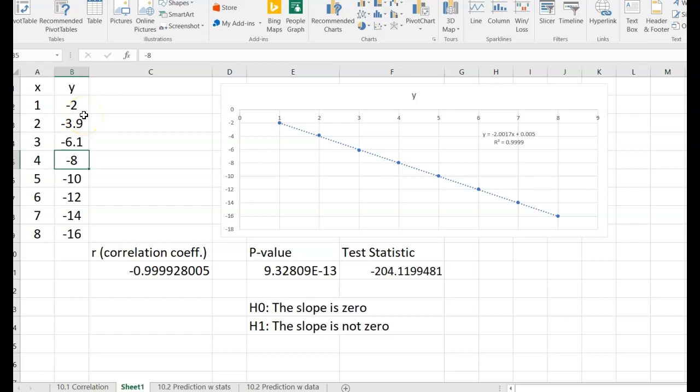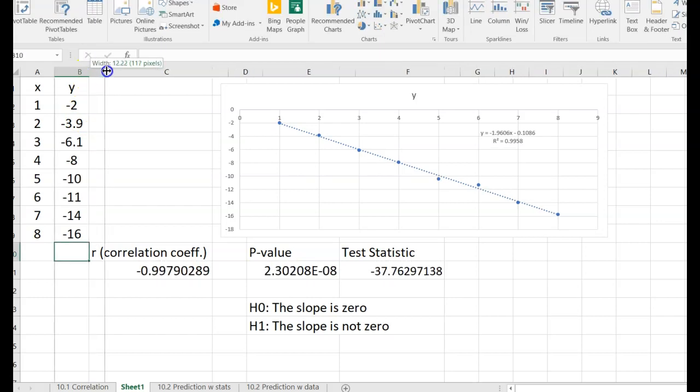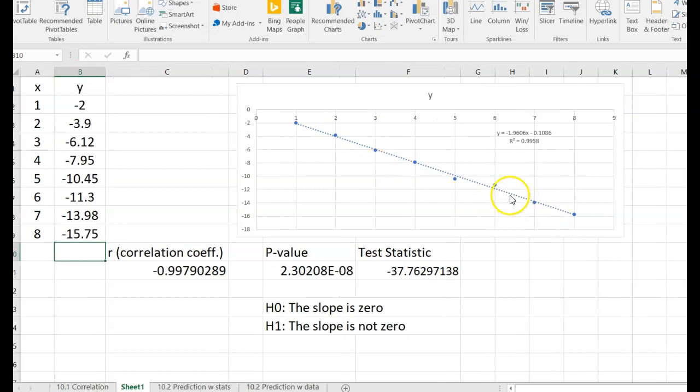So we're not a perfect line, but it still does a really good job. You know, we just have barely any deviation away from the line. So we're seeing a really strong negative sloping line that describes the data. So if this is really close to -1, r squared is really close to 1.